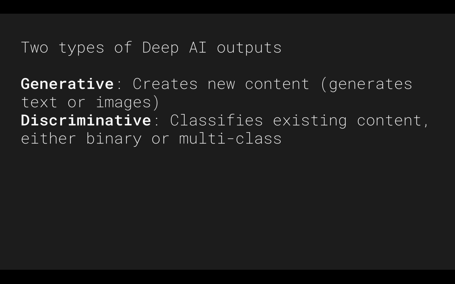Text, images. Classifiers are not considered generative, and that's part of a model series called discriminative models. When we talk about classifiers next week, we'll talk a little about what discriminative means. It just means that they are choosing between a set of categories, like what is in the image, and that's usually predefined by the model.